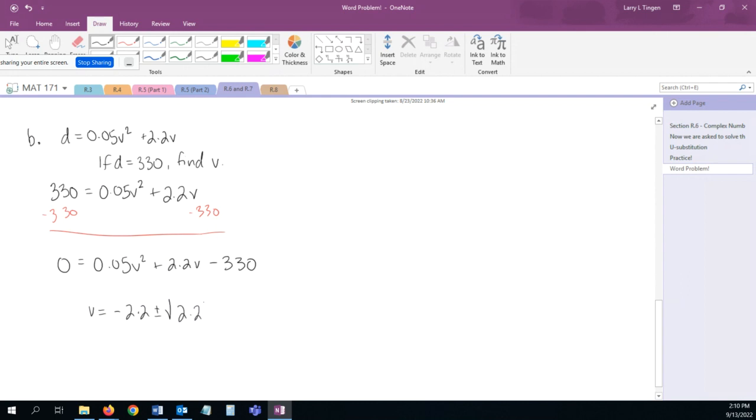Do you think the discriminant is going to come out positive or negative here? I know we've been dealing with complex numbers. Think about the type of problem we're doing.